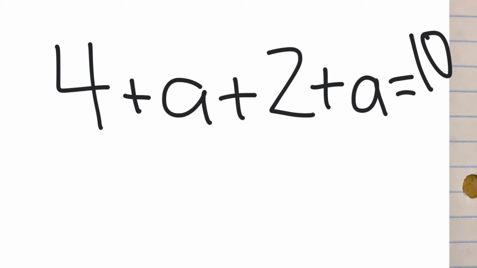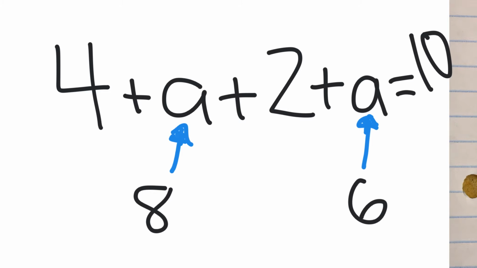In this expression, the a's are going to represent the same number. We don't know what the number is right now. We could figure it out probably pretty easily, but the a's represent the same number. The first a can't be 8 while the second a is 6 or something like that. They have to be the same.